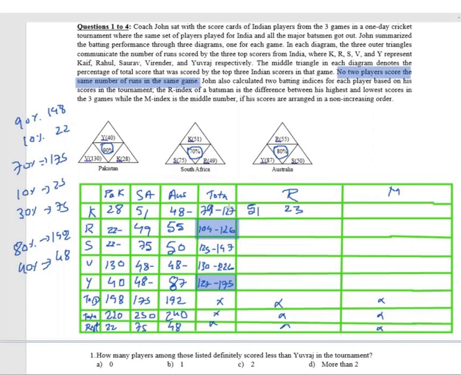Kaif will be borderline, because if I take the highest for Kaif and the lowest for Yuvraj, then they are equal. S and V can go beyond Yuvraj. So definitely less than Yuvraj is one player.